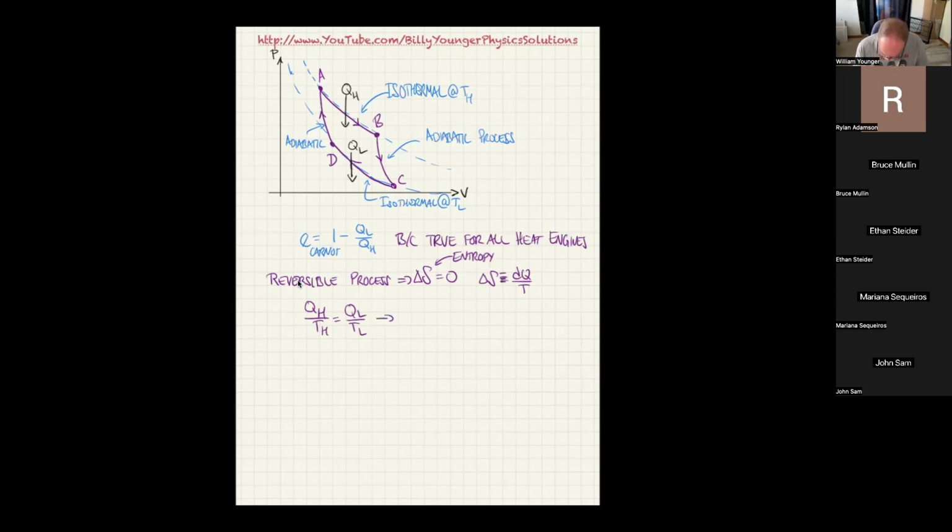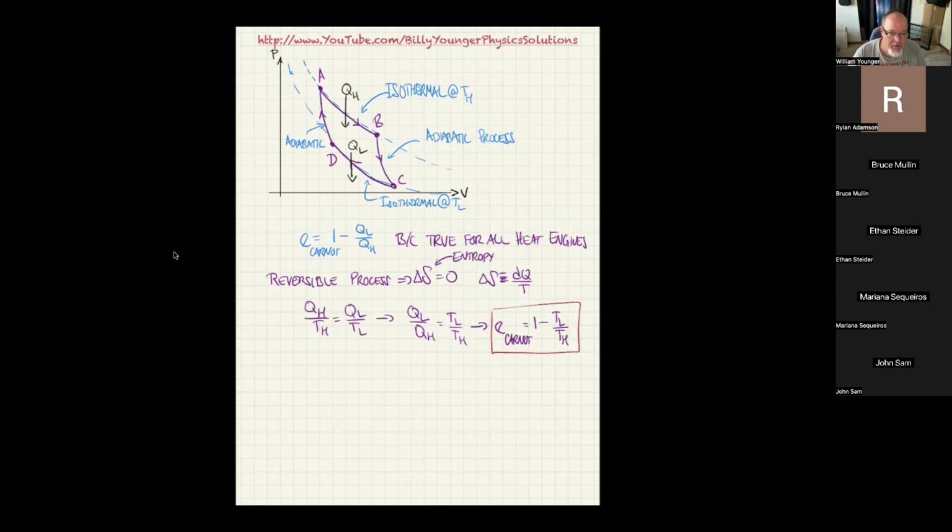So from that, we can reach the conclusion that QL over QH is actually equal to TL over TH, which gives us E Carnot is equal to 1 minus T low over T high. And that's the actual Carnot efficiency that you need to be able to use.